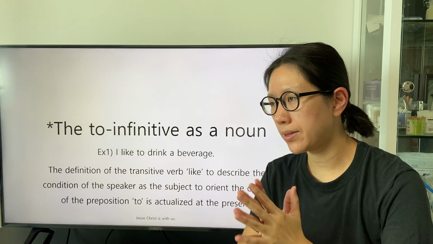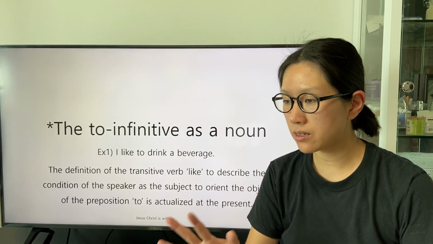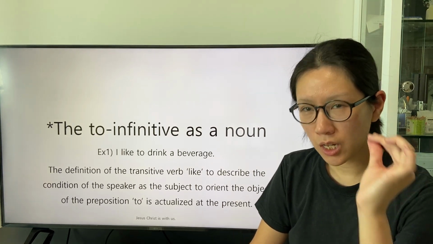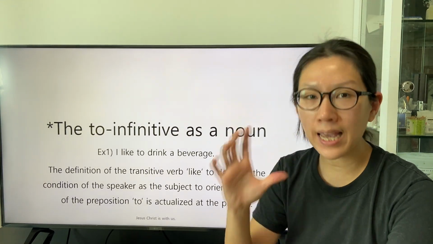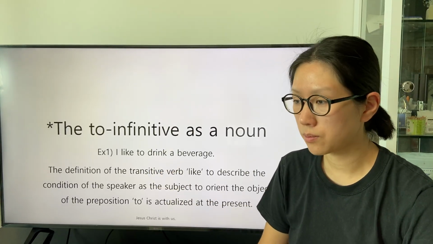We can understand that there is a prior context that the speaker has an experience to actualize the action described by the root infinitive drink previously.